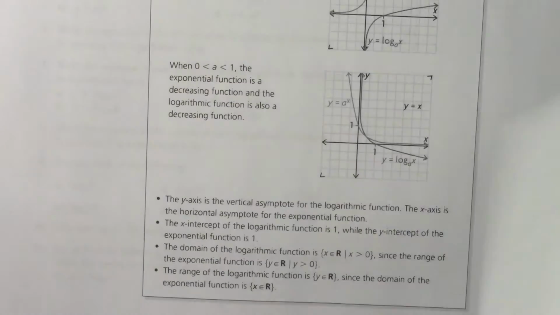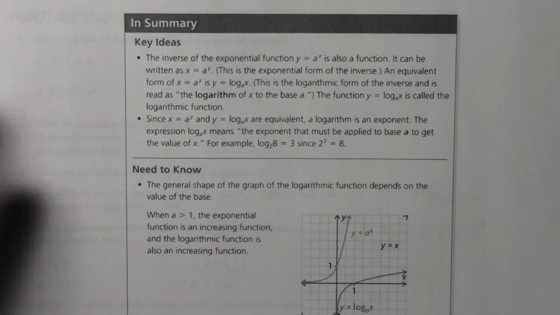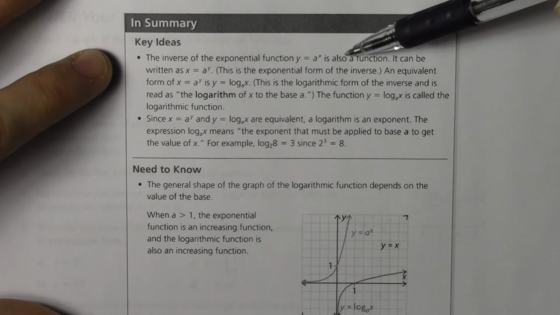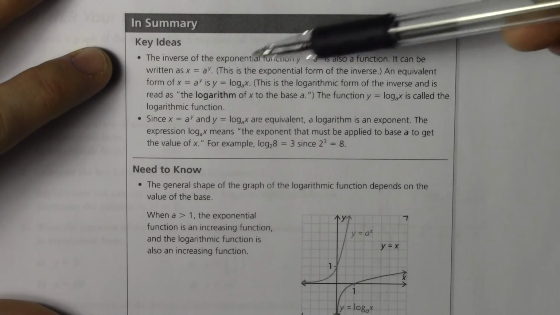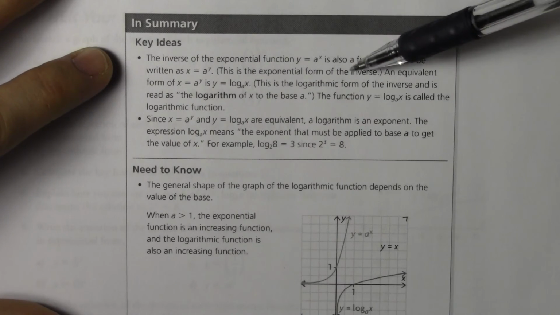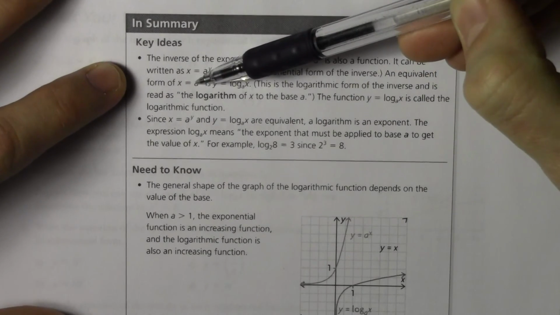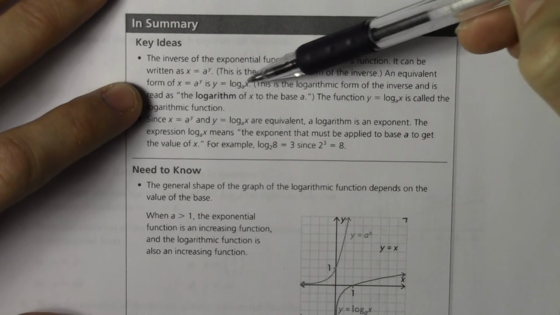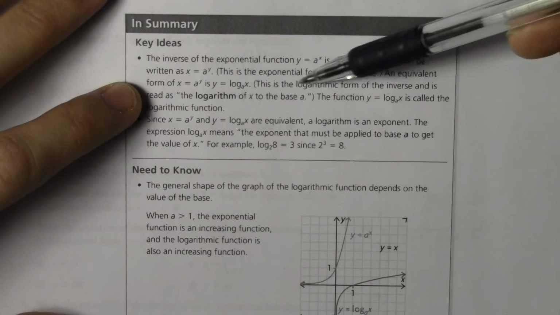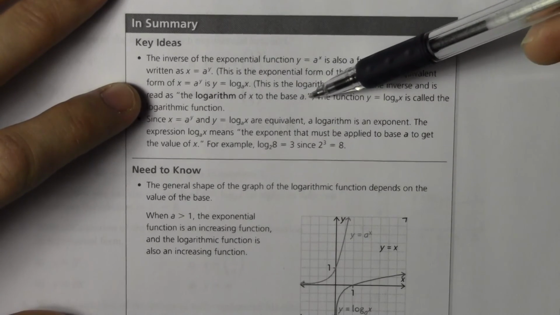All right. In summary, the inverse of an exponential function is also a function. It can be written as x equals a to the exponent of y. This is the exponential form of the inverse. An equivalent form of x equals a to the exponent of y is y equals log to the base a of x. This is the logarithm form of the inverse and is read as the logarithm of x to the base a.